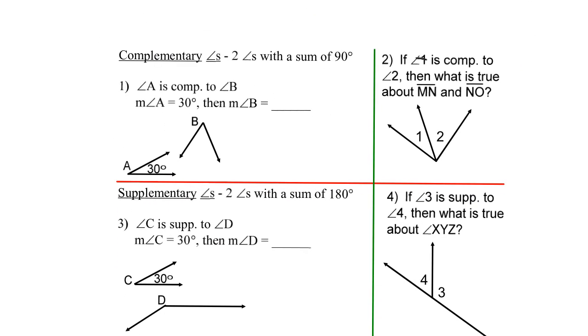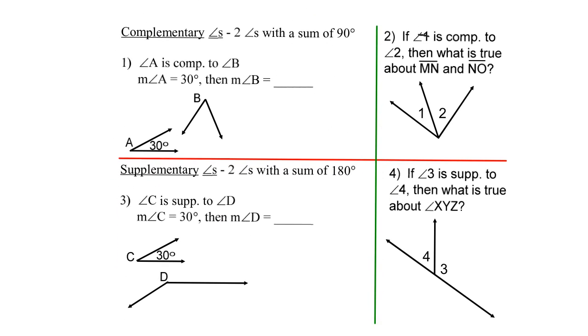We have two more very important definitions for today: complementary angles and supplementary angles. Complementary angles are two angles with a sum of a measure of 90 degrees.